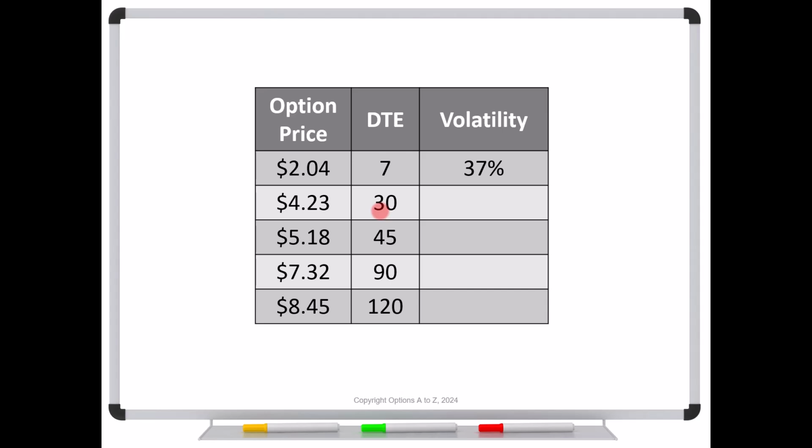Is it expensive? I don't know. They're priced in dollars. But if we go to a pricing model, put it into the implied volatility calculator, it turns out that it's also priced at 37%. And so is this one, and this one, and this one. So a professional trader would look at this and say, these are all priced the same. But a retail trader would say, what do you mean they're priced the same?